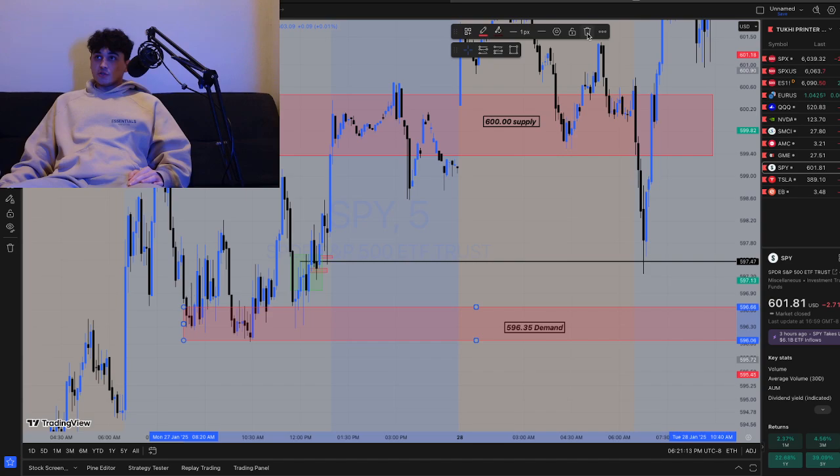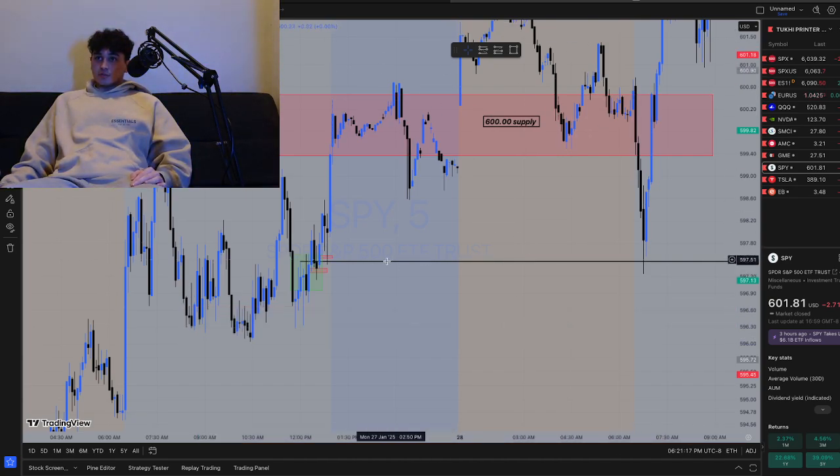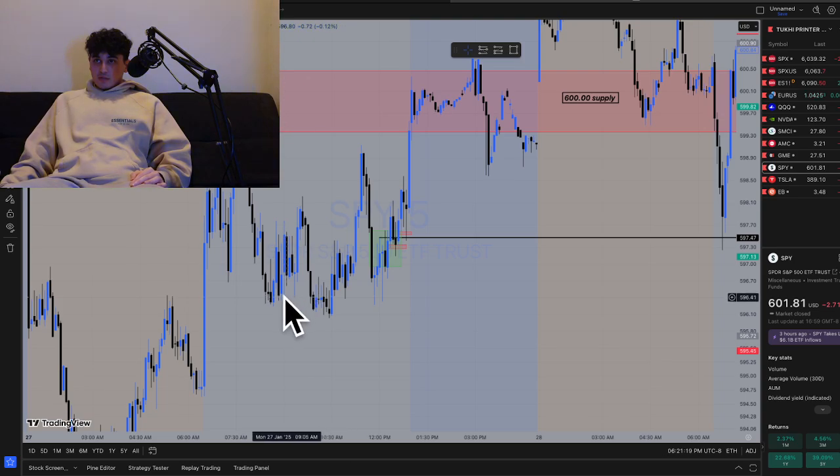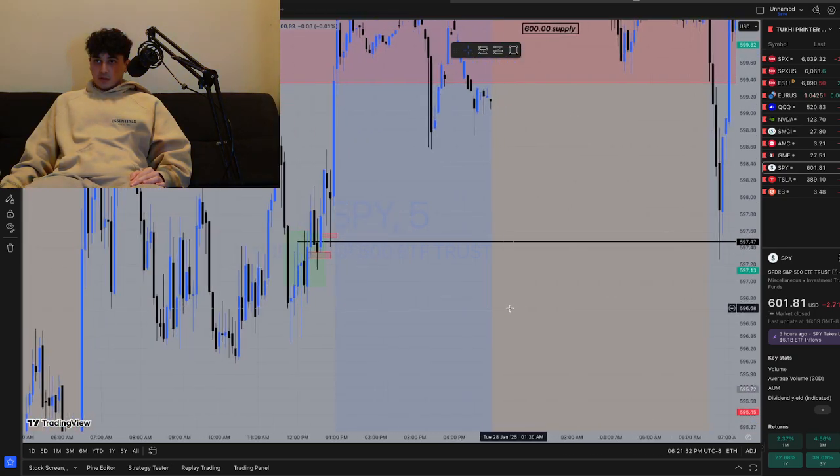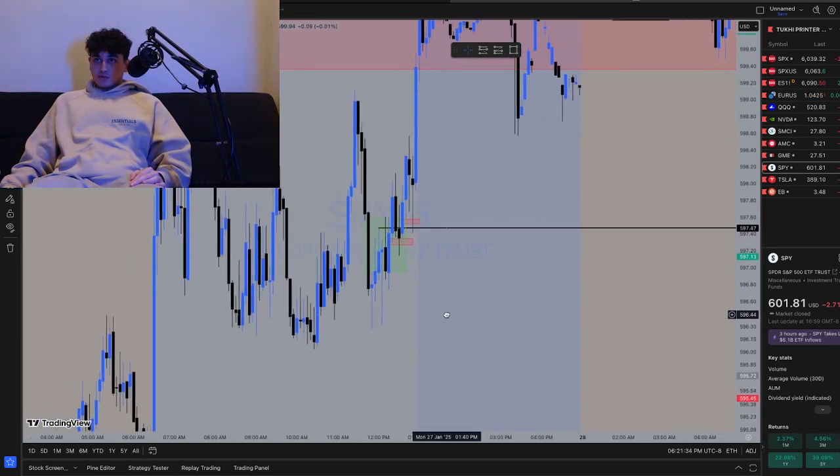I already have this drawn out, but let me delete it so we can draw it out fresh. So right here, we see a pretty low point on the chart. We see strong lows being created, we can see strong rejection, and we can also see a pretty strong move to the upside. Let's zoom in a little bit more so you guys are able to see.